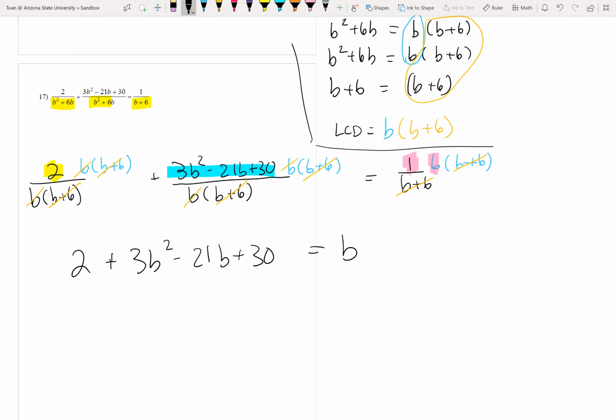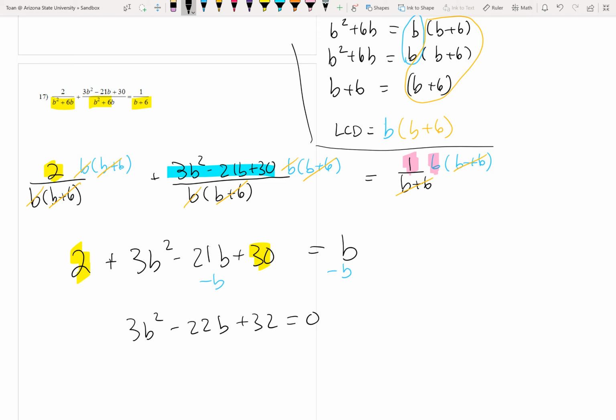Notice it's just a quadratic equation, so gather everything to one side. I'm going to subtract both sides by b, and at the same time combine like terms. So that's going to give me 3b squared minus 22b plus 32 equals 0. And then you just go ahead and solve it.